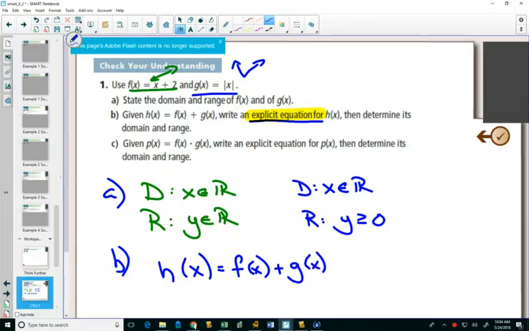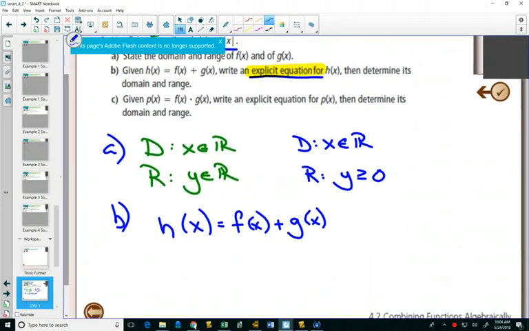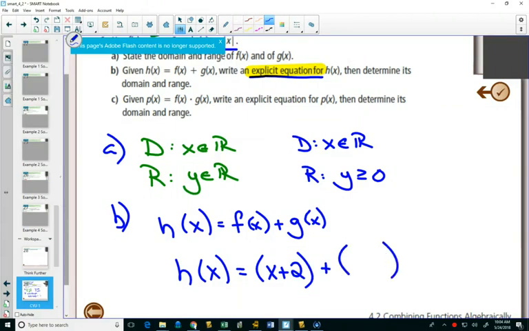To write an explicit equation for h of x, that means you have to have only x's on the right-hand side of your equation. So only in terms of x. So instead of writing f of x, I can write x plus 2. And instead of writing g of x, I can write the absolute value of x.